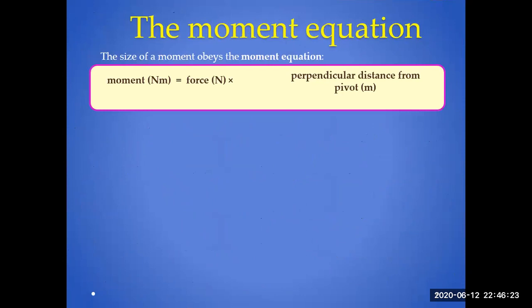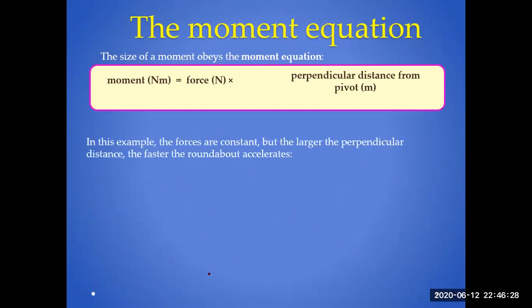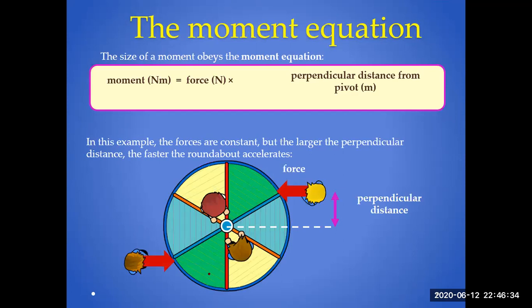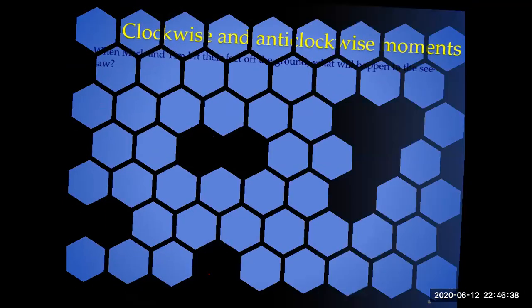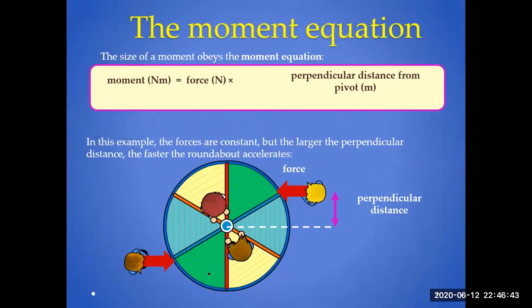So this is the moment equation. The size of the moment obeys the moment equation. Moment unit is Newton meter, that is force in Newtons multiplied by the perpendicular distance from the pivot.